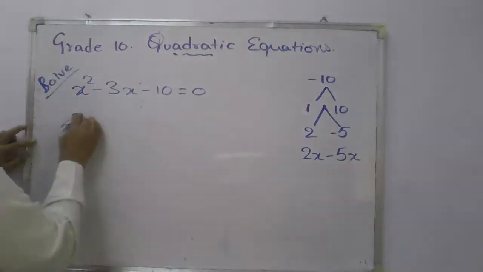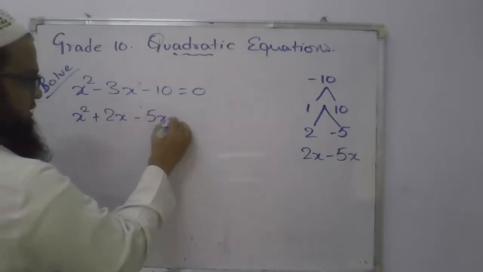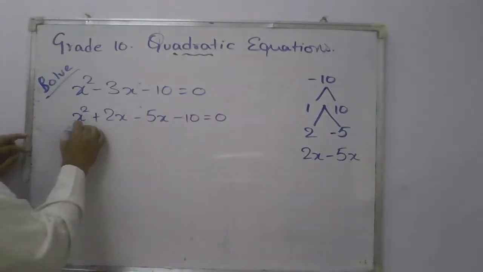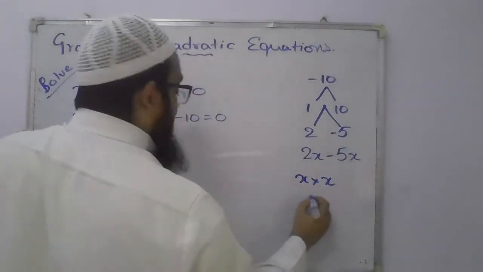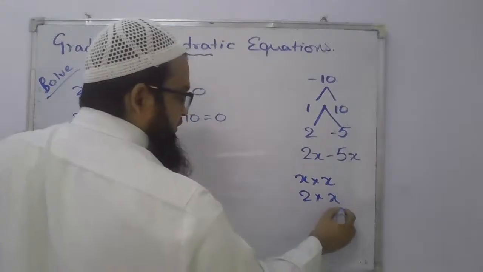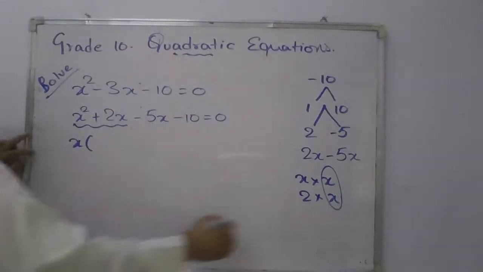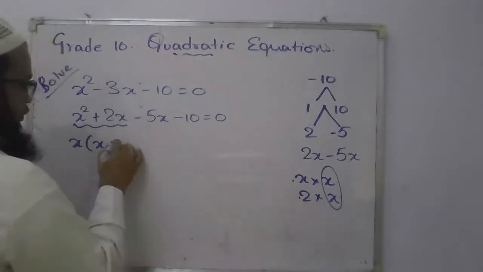So x square plus 2x minus 5x minus 10 is equal to 0. Now, what do you have common over here? x square, x into x, and 2x, 2 times x, x is common. If I take x common, what is left in the first term? x plus 2.